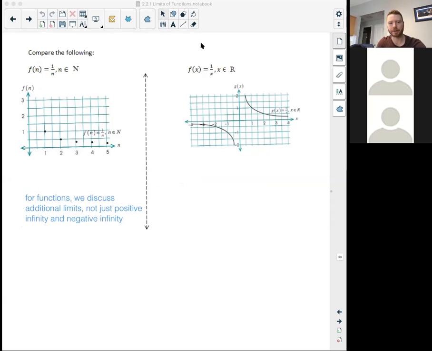So the question is, what is the limit of f of x, so of the graph on the right, as x approaches 0?